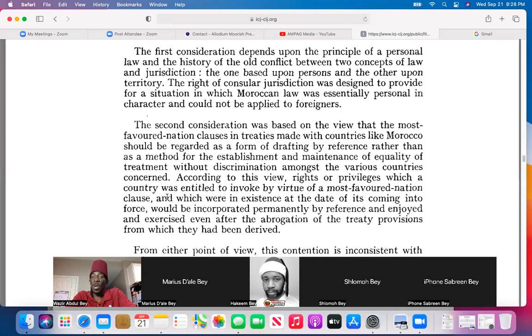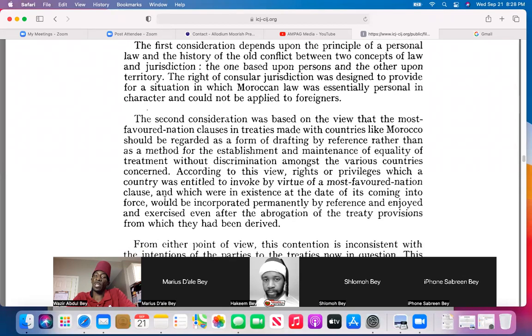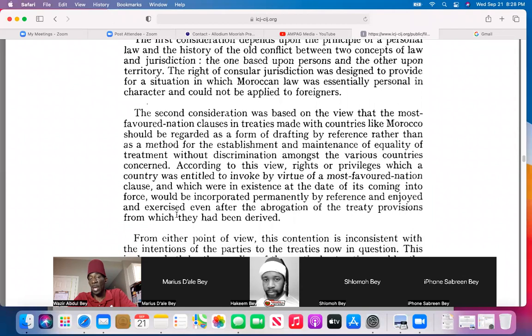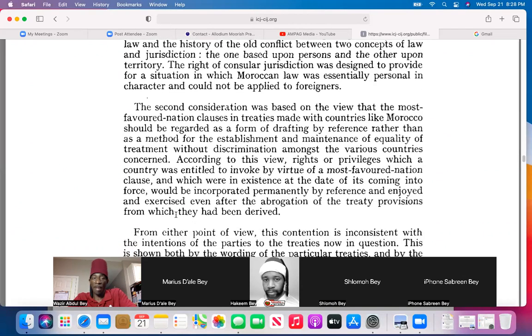According to this view, rights or privileges which a country was entitled to invoke by virtue of a most favored nation clause and which were in existence at the date of its coming into force would be incorporated permanently by reference and enjoyed and exercised even after the abrogation of the treaty provisions from which they had been derived.